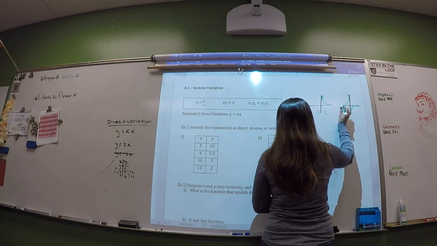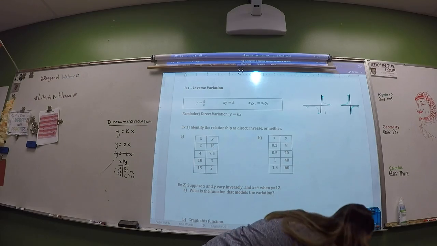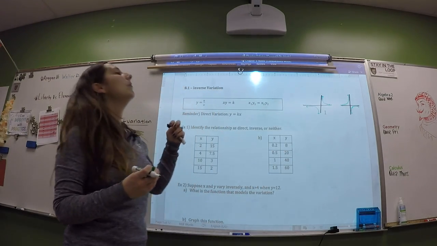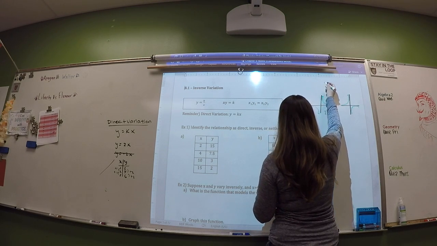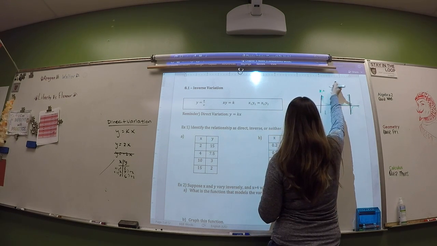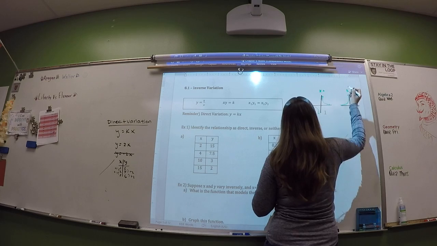And they always mirror each other. Yes. Well, in inverse variation. If they're bottom left and top right, this is if k is positive, and this is if k is negative.